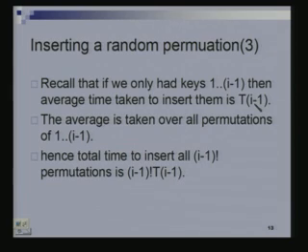The average time is T of I minus 1, and the average is taken by doing what? By computing the total time to insert all the I minus 1 factorial permutations divided by I minus 1 factorial. So, the total time to insert all the I minus 1 factorial permutations is I minus 1 factorial times T of I minus 1. Like for instance, in the example that we did earlier for T3, the total time taken to insert all the permutations was 16 we had computed, right, which was just the average times 6.